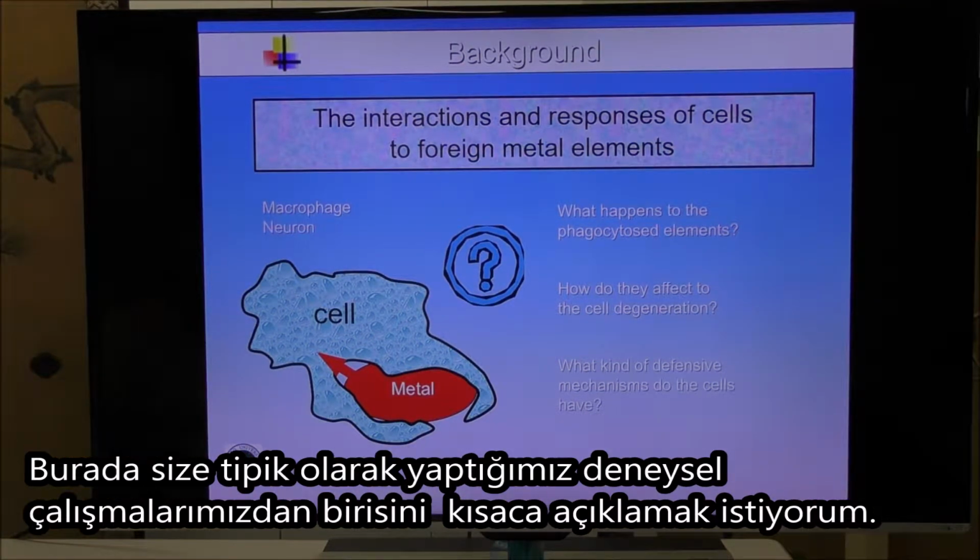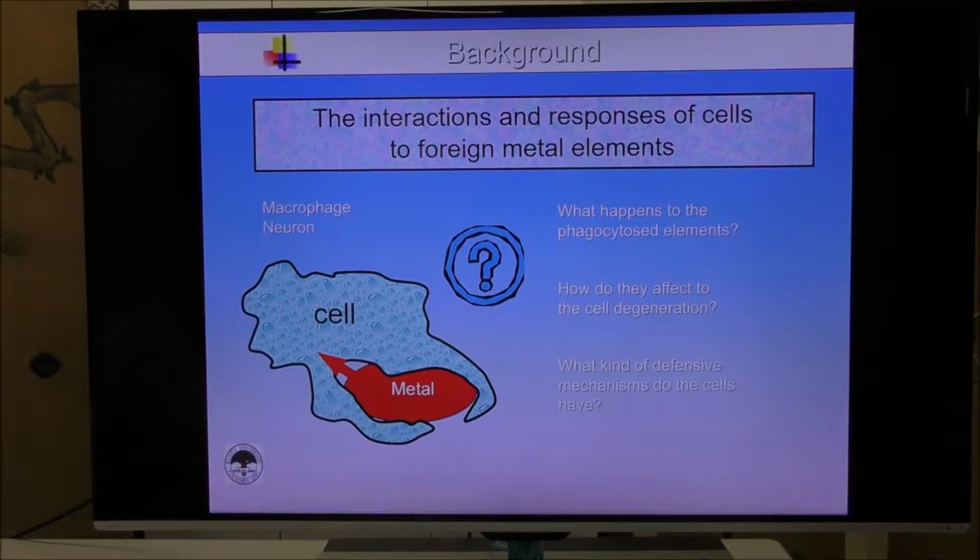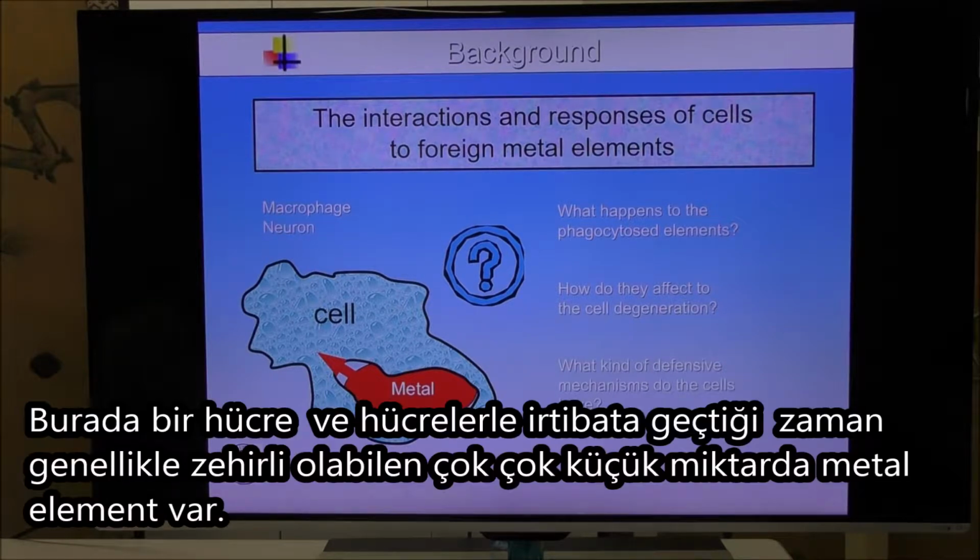Here, I would like to briefly explain one of our typical experiments. Here is the cell, and there is a very small amount of metallic elements, which usually are very toxic, incorporated in these cells.